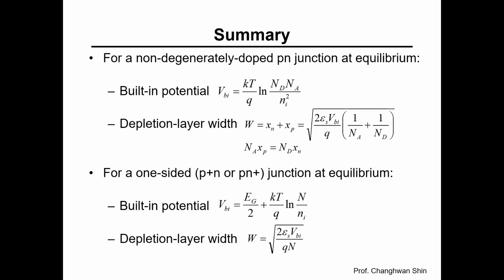In our next class, we will examine how these parameters change when we apply an external bias voltage, which is the key to understanding diode behavior in actual integrated circuits. Okay, so let's have a 5 to 10 minute break.